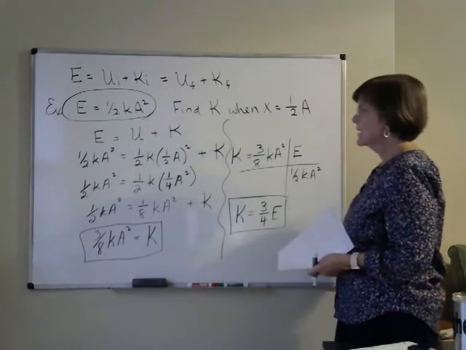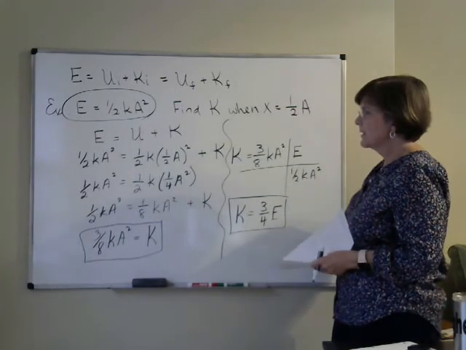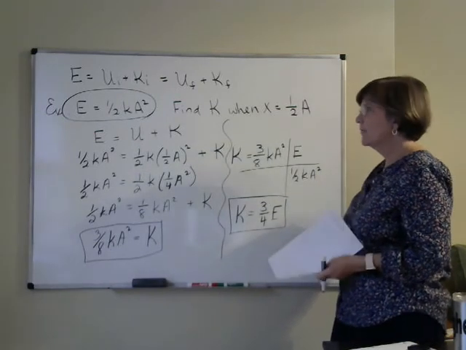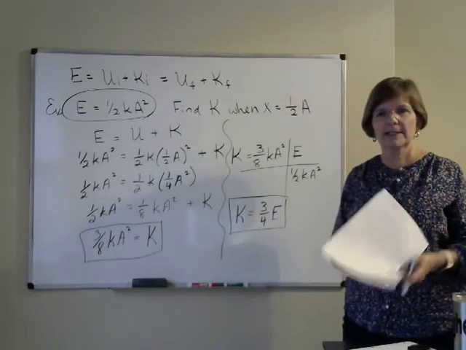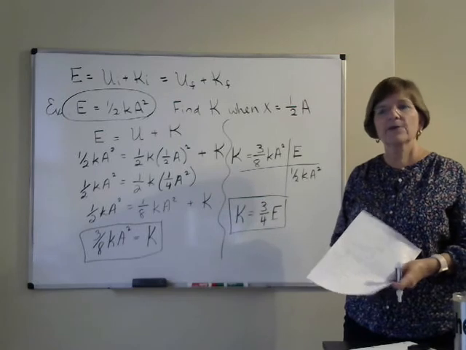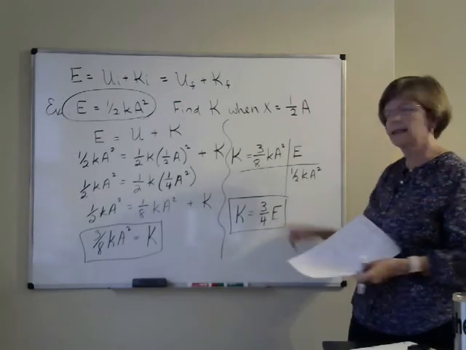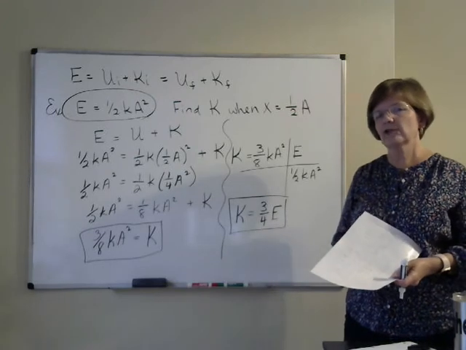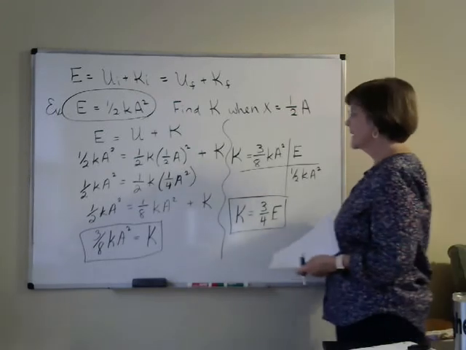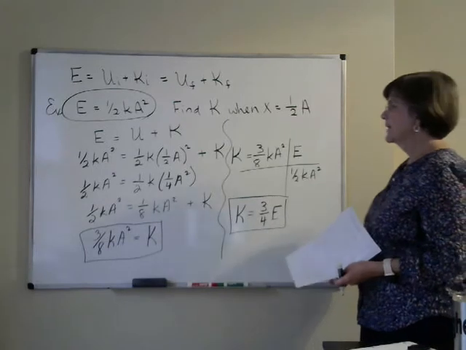But it turns out, remember, this is not linear. At the halfway point, it actually only has 1/4 of the potential energy left. And so 3/4 of the energy is now kinetic. It's not that linear relationship that we had. It might surprise you.